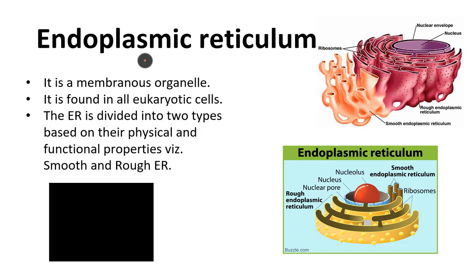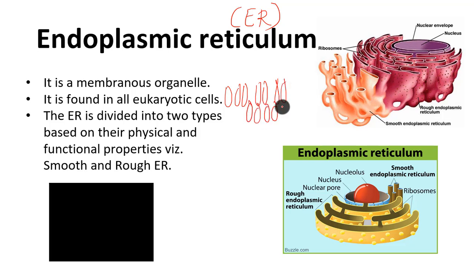So now in this session we are going to talk about the endoplasmic reticulum, also said to be ER. The short form is also written many a time, so don't get confused. It is a membranous organelle. Membranous organelle means you find membrane-like structures, long cylindrical tube-like structures around the nucleus.